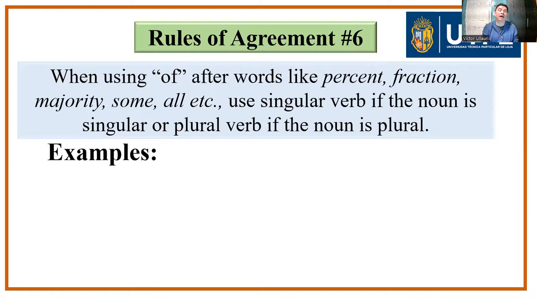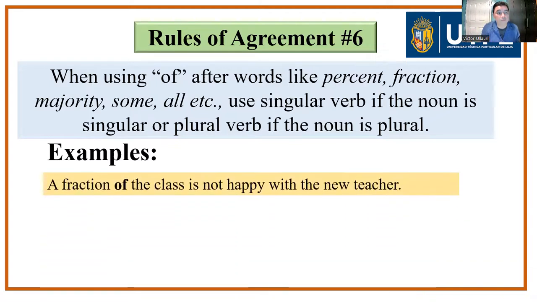This means that when we have a sentence using the words percent, fraction, the verb goes in singular if we're talking about a singular subject, or plural if we're talking about a plural subject. I know it's easier to understand with the following examples I'm going to give you right now.